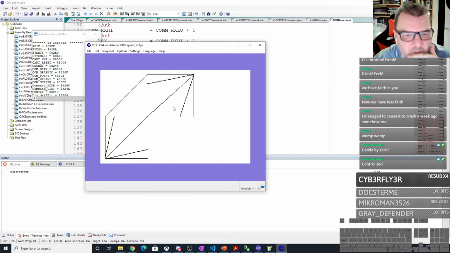So that's going from 10, 100 to 100, 10. That's going the wrong way. That's definitely going the wrong way. Surely it's going the wrong way.